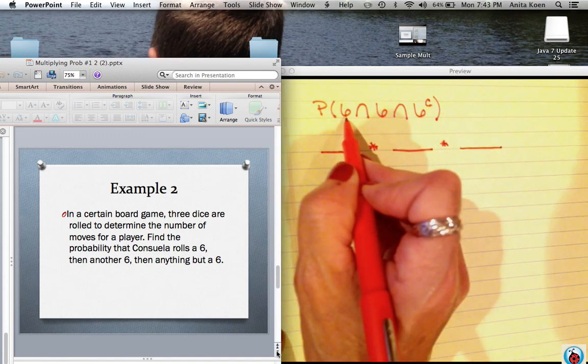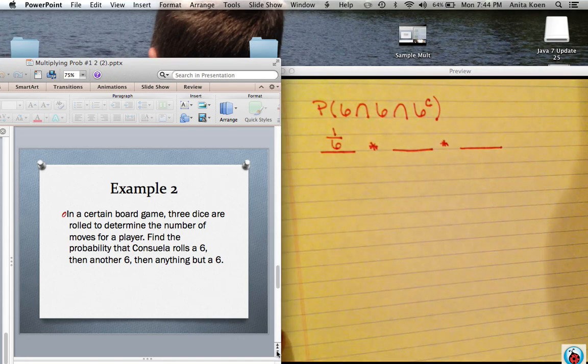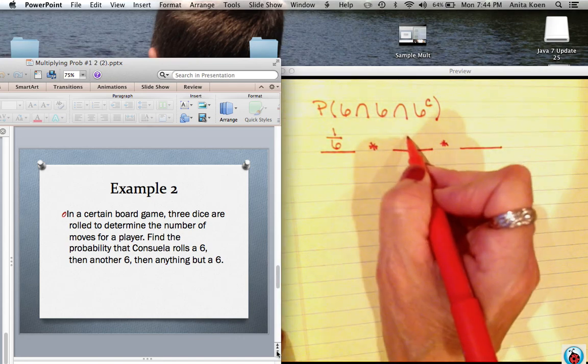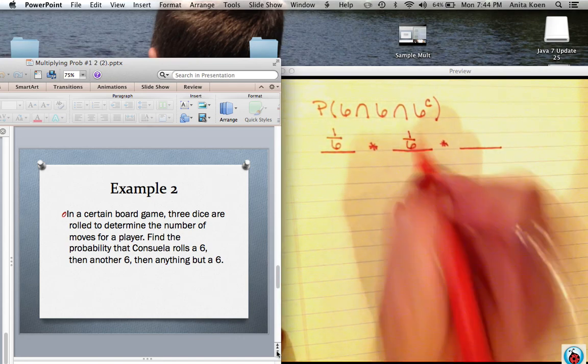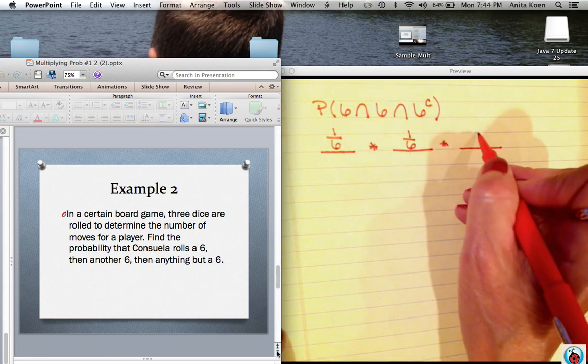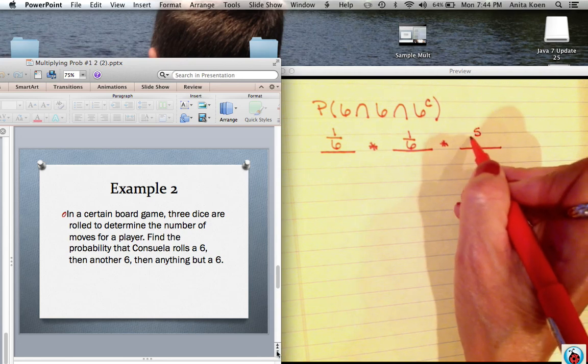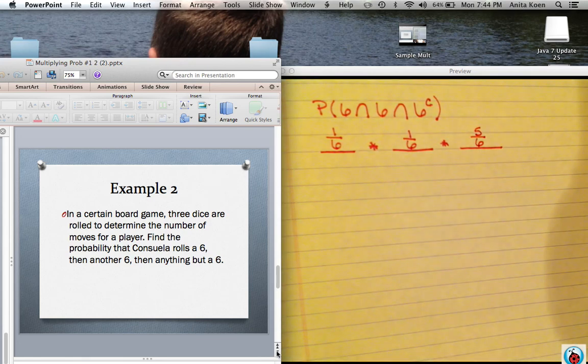The probability that she'll roll a 6: there's 1 six on a die out of 6 numbers, so that's 1 out of 6. And then the probability that she'll roll anything but a 6. She can't roll the 6, but she can roll the 1, 2, 3, 4, or 5. So there are 5 numbers that are not a 6, so the probability of rolling anything but a 6, the complement of 6, is 5 out of 6.